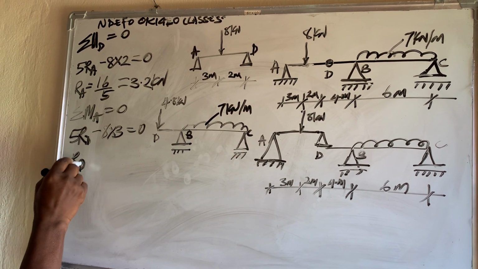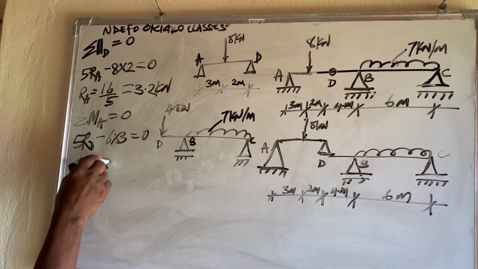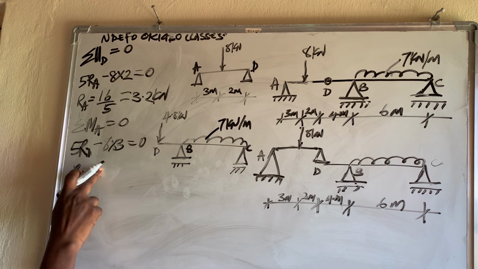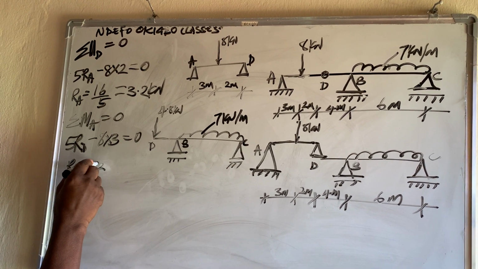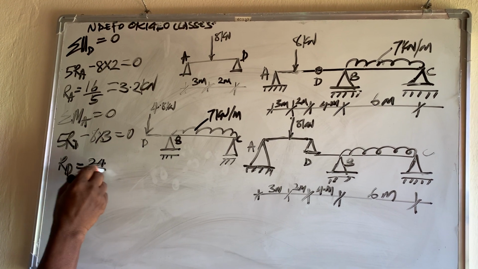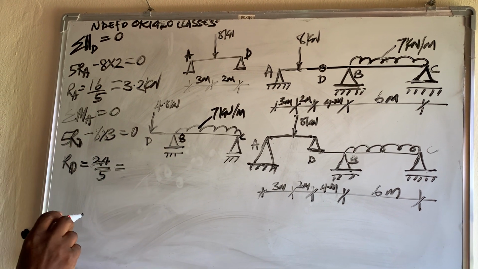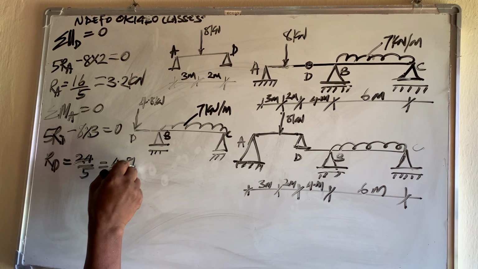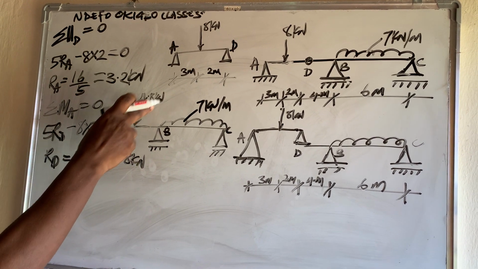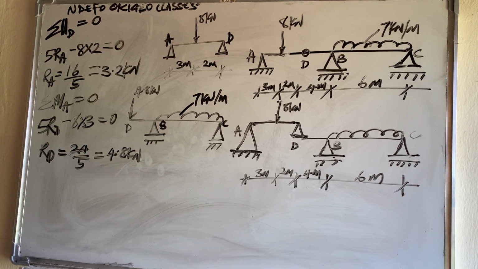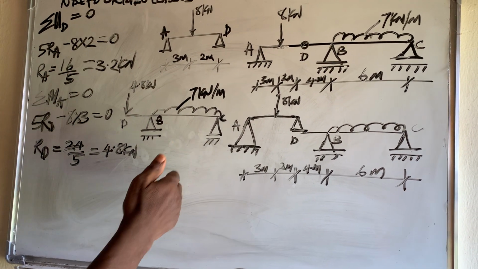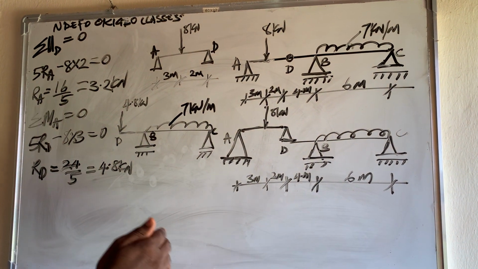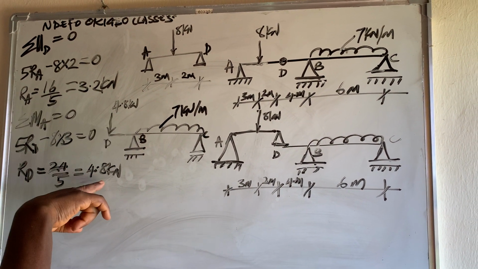RD is equal to 8 times 3, which is 24, over 5, which is equal to 4.8 kilonewton. That's how I got this 4.8, RD, that I'm landing on the next beam. The 4.8 I put on the next beam. This is how I got it.